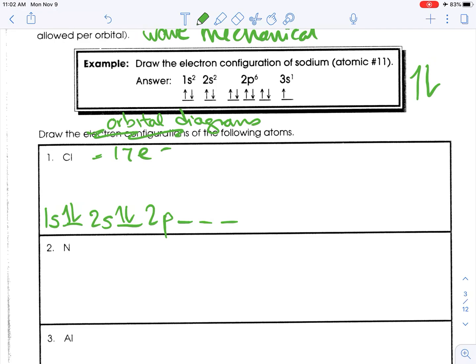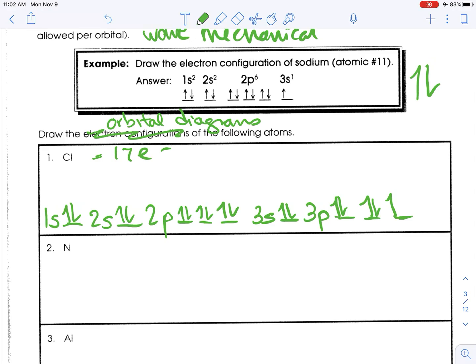It's because electrons don't want to share the same space unless they have to. So 1, 2, 3, 4, 5, 6, 7, 8, 9, 10. We need to continue. 3s, 11, 12, 3p, 13, 14, 15, 16, 17. Now, the orbital diagram is complete.